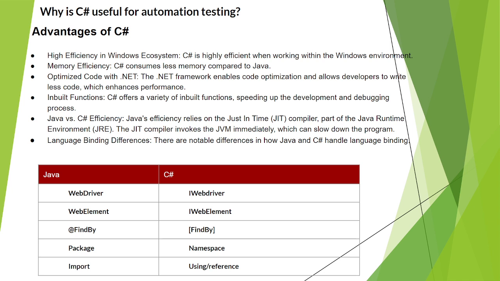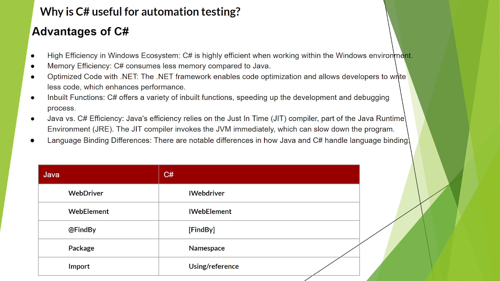C Sharp consumes less memory compared to Java, and another advantage is the code will be optimized in .NET. The .NET framework enables code optimization and allows developers to write less code, which enhances performance. Inbuilt functions: C Sharp offers a variety of inbuilt functions, speeding up the development and debugging process.